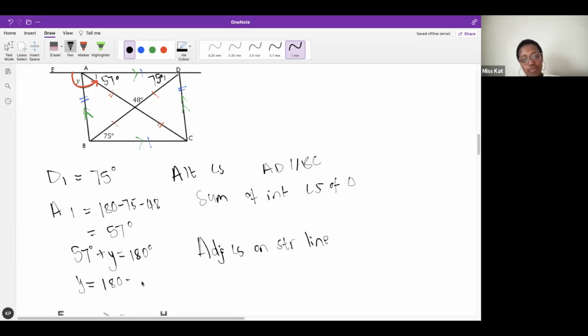Y is equal to, wait a minute. What's 180 minus 57? 180 minus 57 is equal to 123. There you go, Bokang.